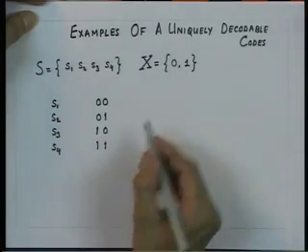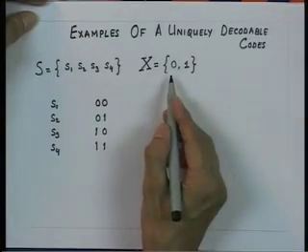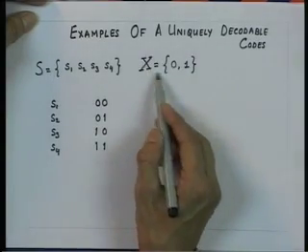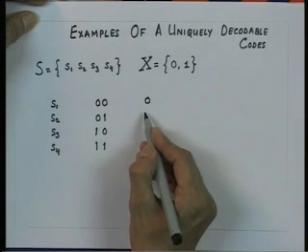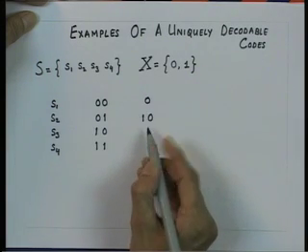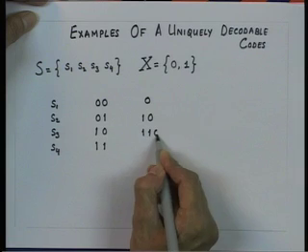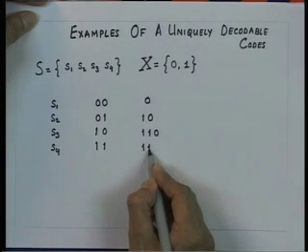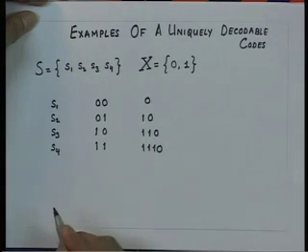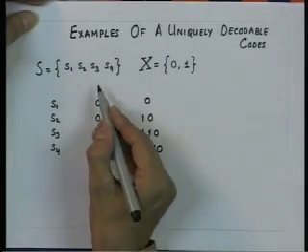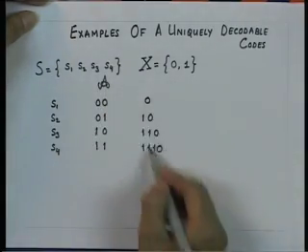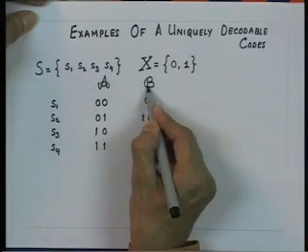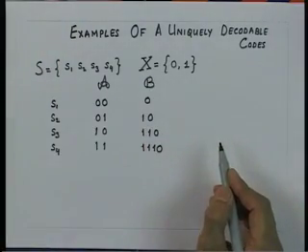Now, let me consider another code formed based on this code alphabet, which is given as 0, 10, 110, 1110. Let me call the first code as code A and the second code as code B.